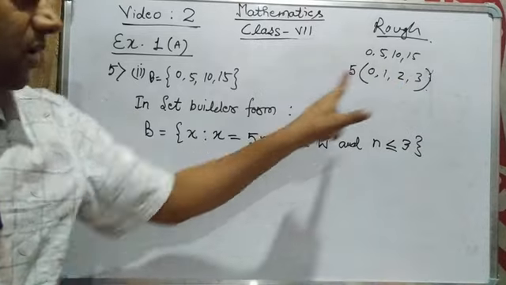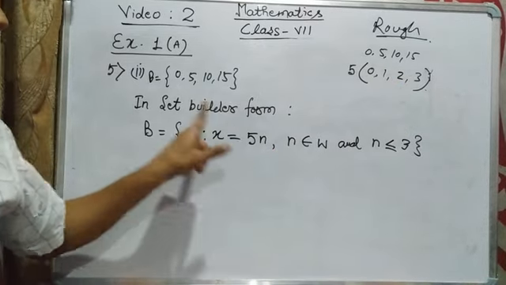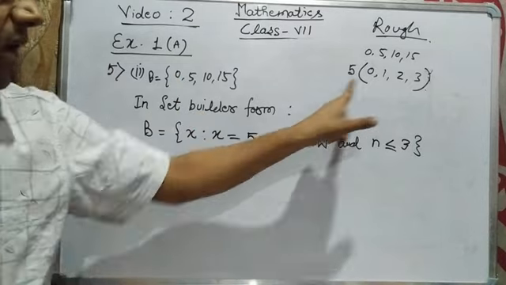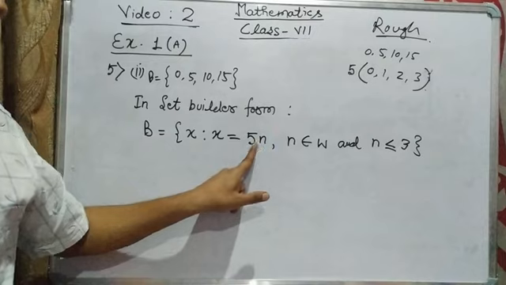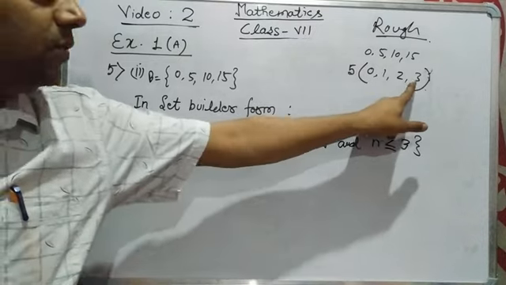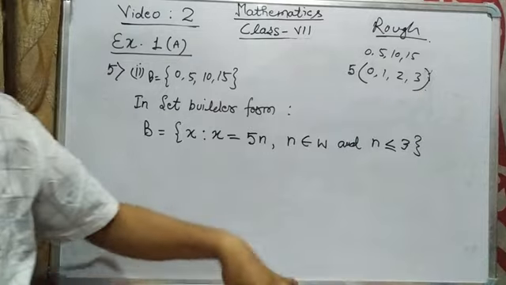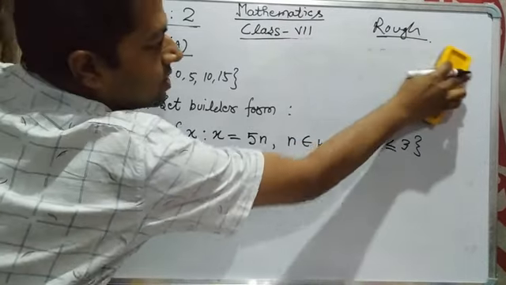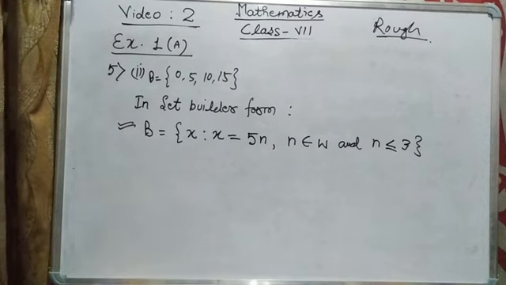Put 0: 5 times 0 is 0. Put 1: 5 times 1 is 5. Put 2: 5 times 2 is 10. Put 3: 5 times 3 is 15. Now stop there. This is the rough work and this is the set builder form.